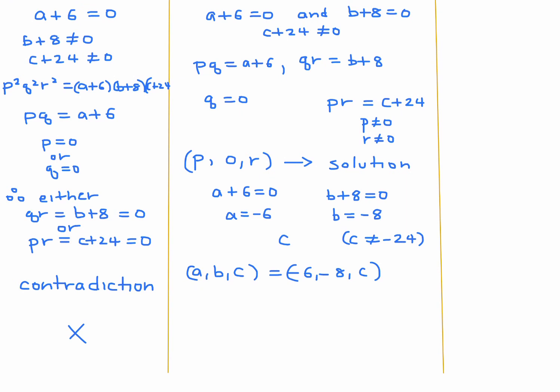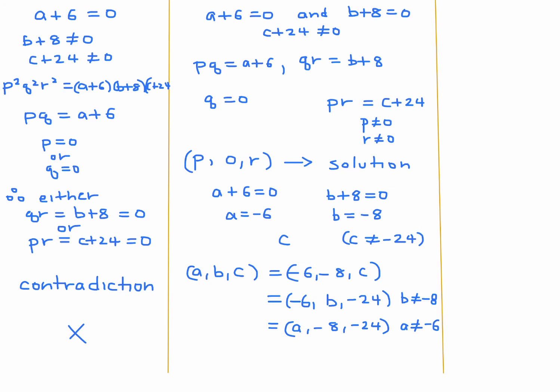And in a very similar way, we can also show that A, B, C can also be minus 6, B, and minus 24, as long as B is not equal to minus 8. And we can also show in a very similar way that A, B, C can be A, minus 8, and minus 24, where A is not equal to minus 6.